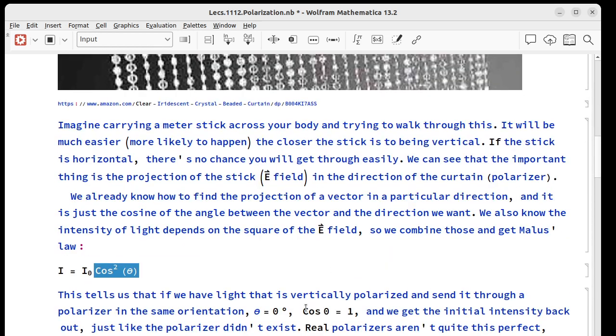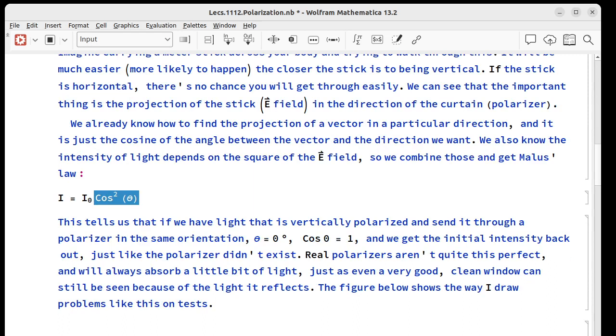So if we have light that's vertically polarized, send it through a polarizer in the same orientation, theta equals 0, cosine theta equals 1, and we should get the initial intensity back just like we hadn't run it through a polarizer at all. Now, in real life, they're not quite this perfect, and they'll absorb a little bit of light no matter what. Just like the cleanest window you've ever seen, you can still see it there because it's reflecting some light.